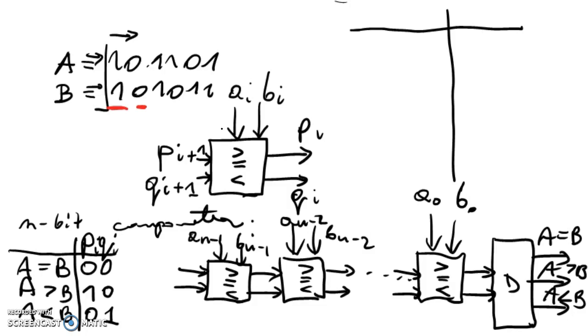And what we have for this cell, we've got the previous information or result of comparison of the higher bits. We've got also the values of the current bits. And we must produce the proper information to the lower, to the right-hand side neighboring cell.